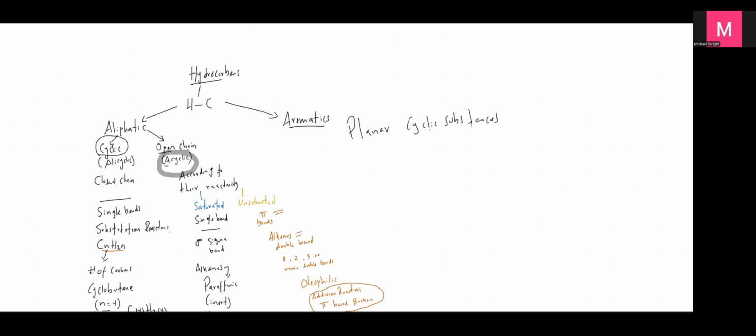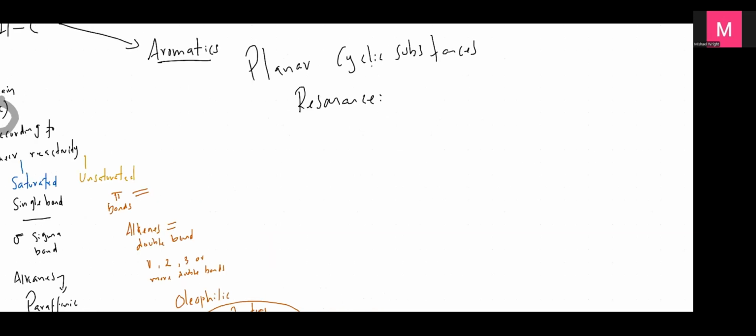Okay, so they present a phenomenon, as I told you in the beginning of this video, that is called resonance. But what is that? Okay, all right. So let me explain this concept easily. So here we have the benzene molecule. It will have six sides, and each one of these sides will contain a double bond.